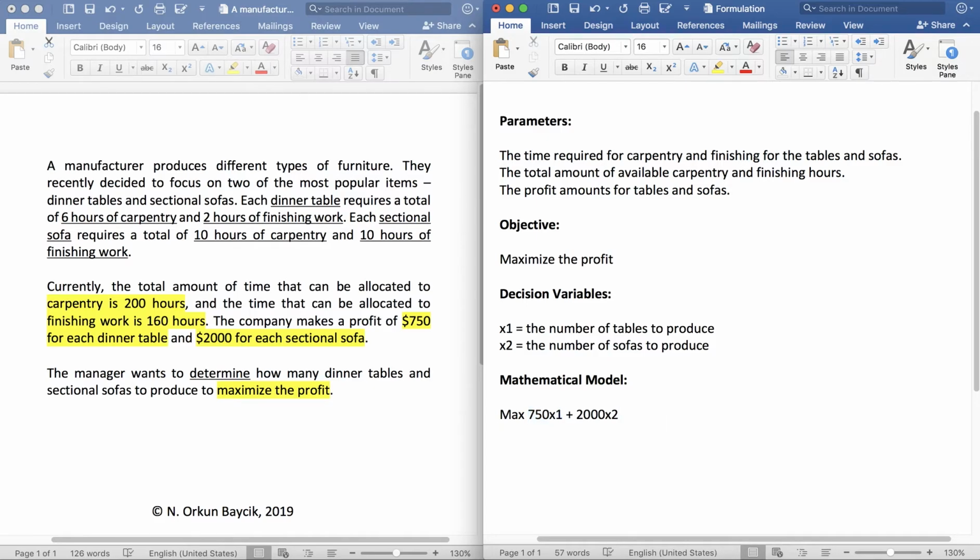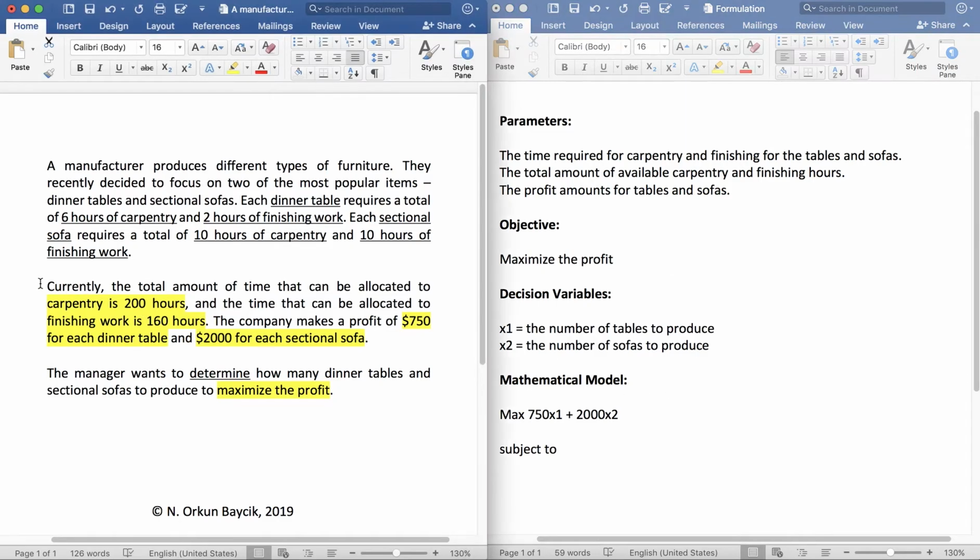And then we are going to start writing down our constraints. So we start by writing our objective function subject to our constraints. So the next step is to type subject to, and then we will list our constraints. So the second paragraph, the highlighted area here, these two rows, are important regarding the constraints because they tell me how much carpentry and how much finishing work hours we have available.